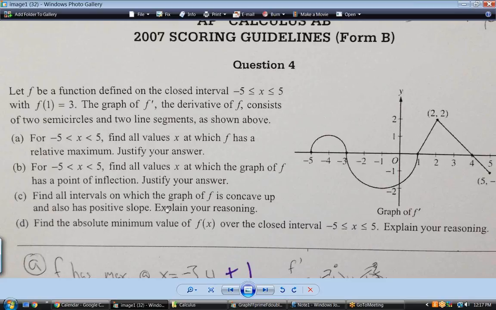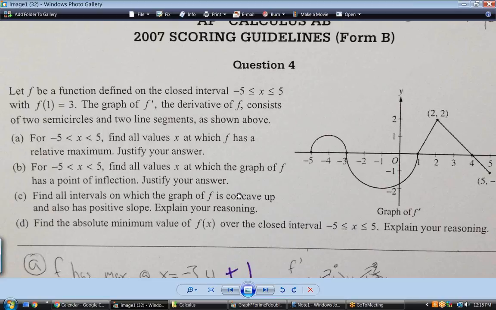Okay. Find all intervals on which the graph of f is concave up and also has positive slope. Well, for it to be concave up, what does the second derivative have to be? Positive.